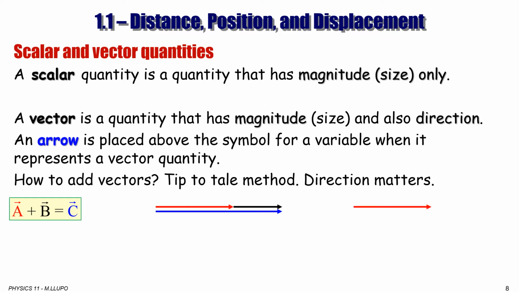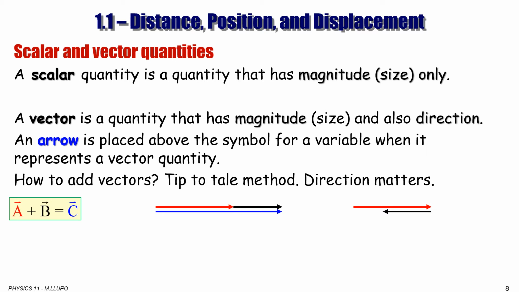So if you want to add vector A and another vector B which happens to be in the opposite direction of the vector B that we just drew before, in the opposite direction like this, the rule is the same. You place the tail of vector B where the tip of vector A is.